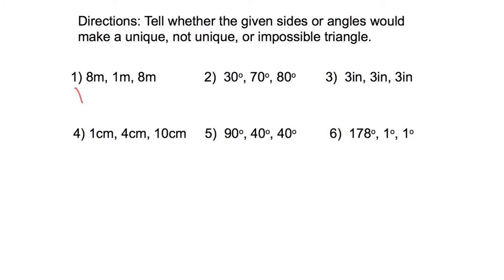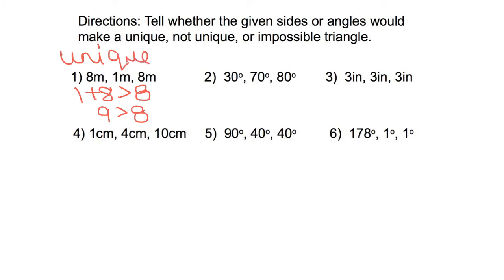Take the two small sides and add them together to be bigger than your third side. Well, 8 plus 1 is 9. Is 9 greater than 8? Yes, it is. So since this is a triangle and I was given side lengths, this would be unique.